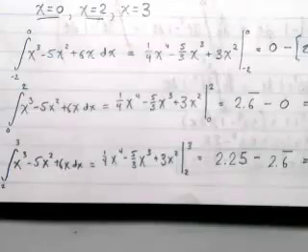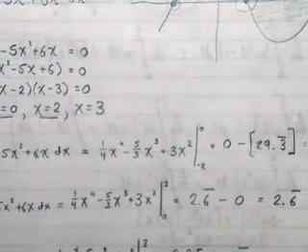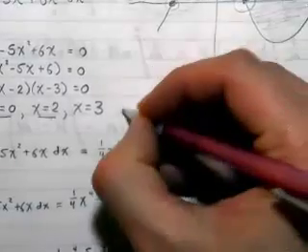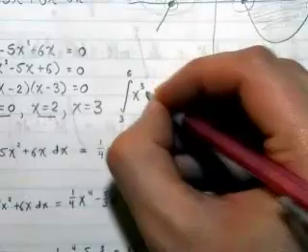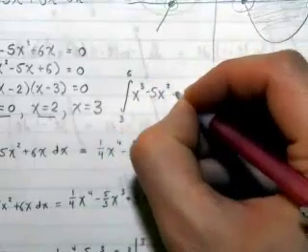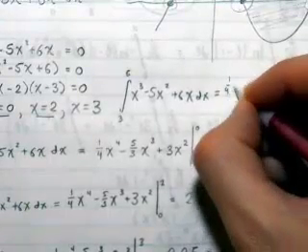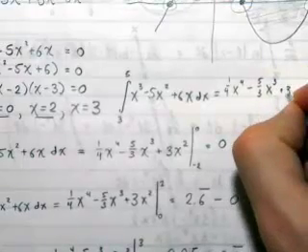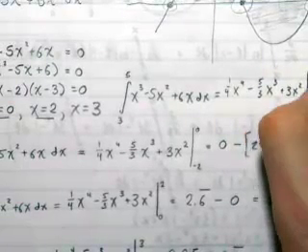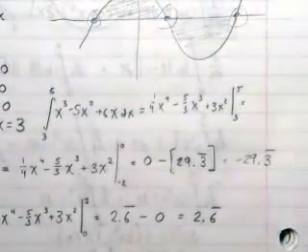All right, and then we've got one last chunk. I'm kind of running out of room, so I'm going to squeeze it up here. We still have to go 3 to 5, right? Our last little chunk. The same antiderivative, except now I'm going 3 to 5. So what do we get from that one?